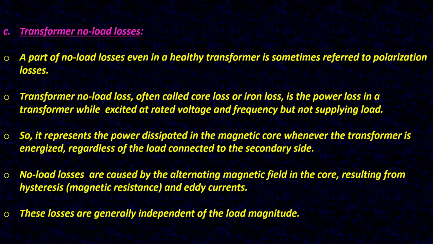Transformer no load loss, often called core loss or iron loss, is the power loss in a transformer while excited at rated voltage and frequency, but not supplying load. So, it represents the power dissipated in the magnetic core whenever the transformer is energized, regardless of the load connected to the secondary side.